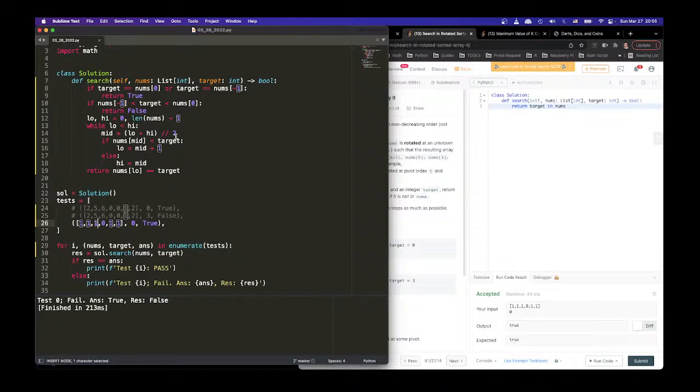Then how do I know? Well, the mid, I compare to the front. I compare to the back. But they can all be the same.